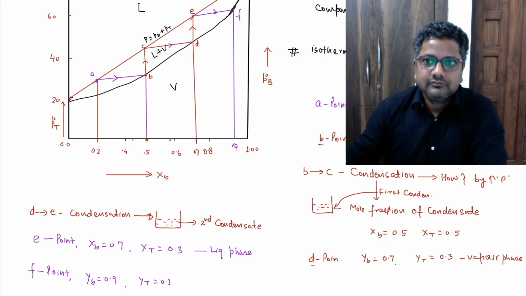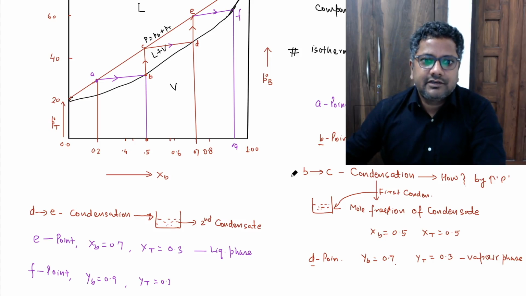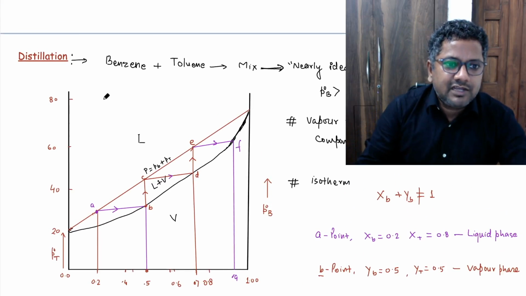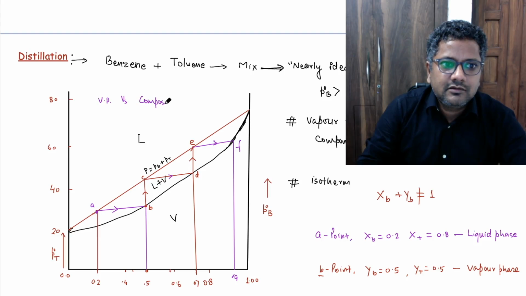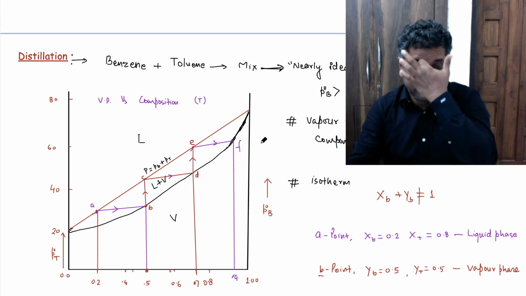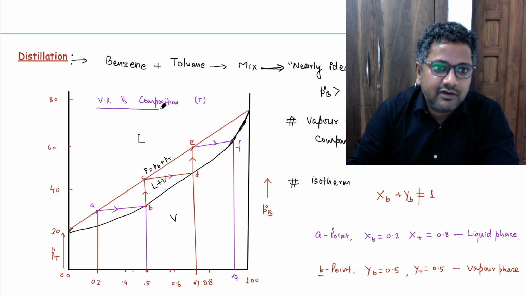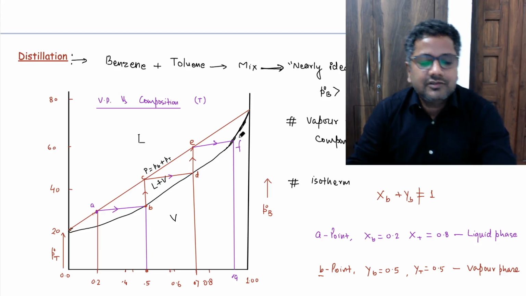Okay. So this is one graph which is known as vapor pressure versus composition. Composition at constant T. T is constant, right? So this is the vapor pressure versus composition curve for an ideal system at constant temperature.